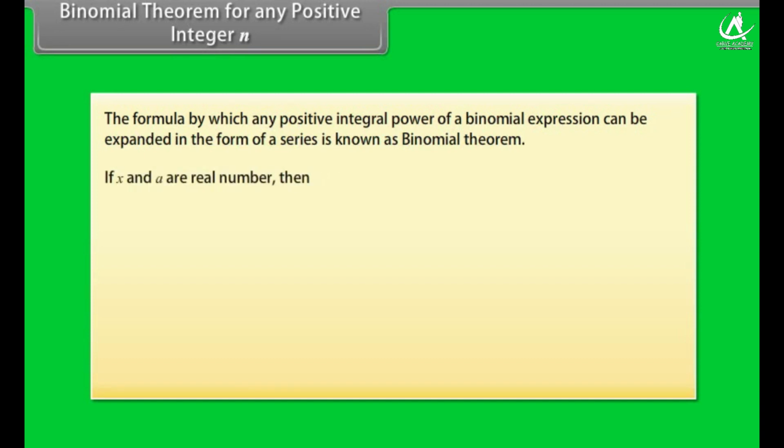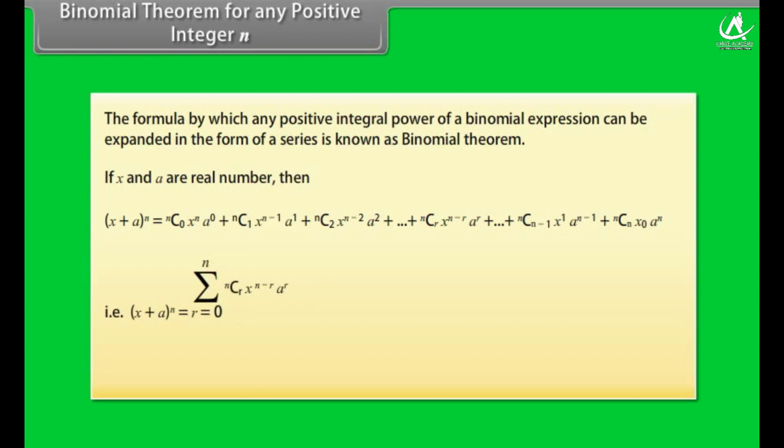If x and a are real numbers, then (x + a)^n = summation from r = 0 to n of nCr x^(n-r) a^r. The binomial theorem can be proved by induction.